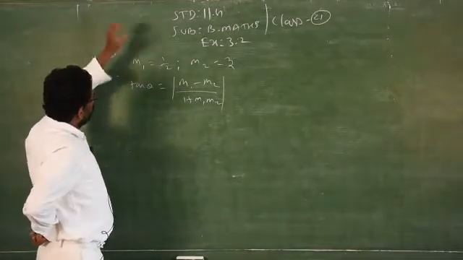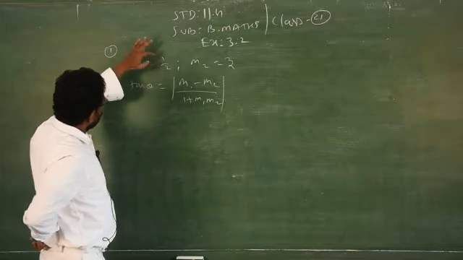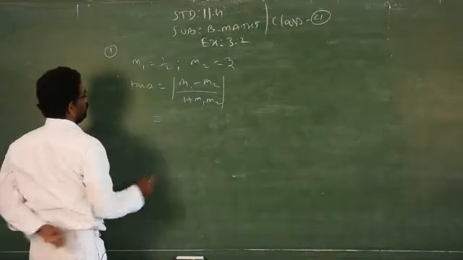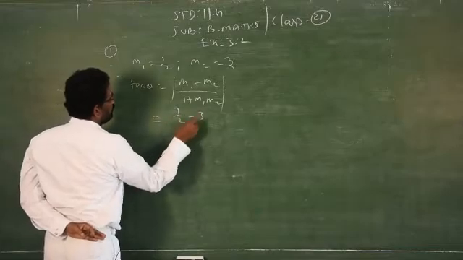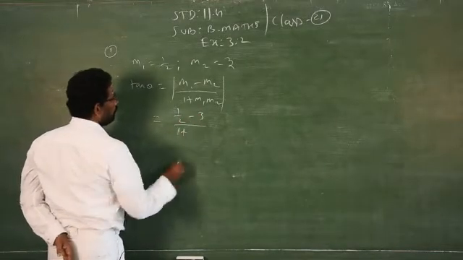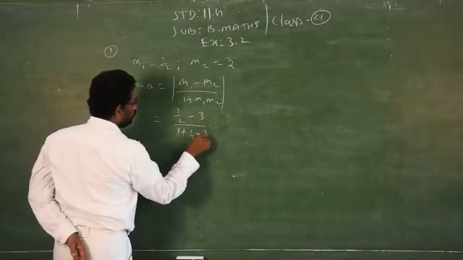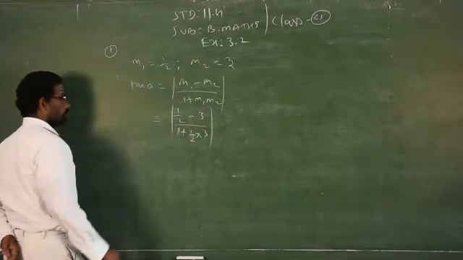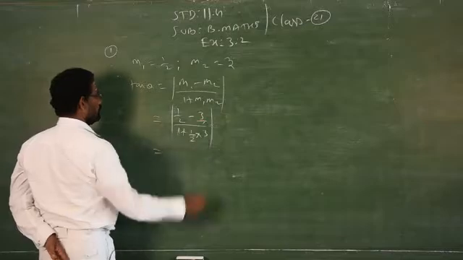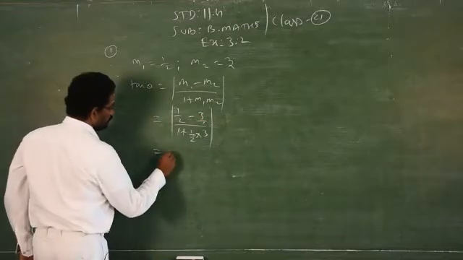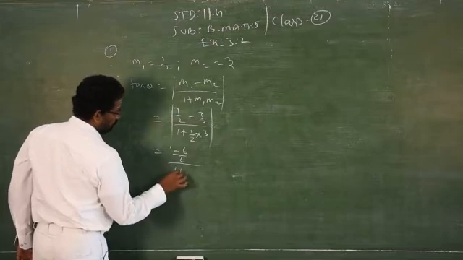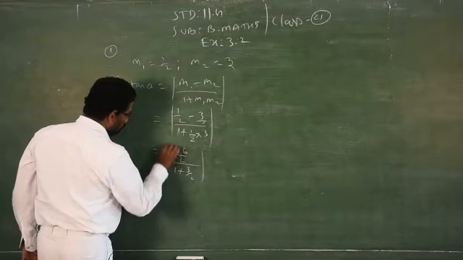The slope of the first line is 1 by 2, and the slope of the second line is 3. Just substitute in this formula: 1 by 2 minus 3 by 1 plus 1 by 2 into 3. Substitute and simplify by using the LCM or cross multiplication. You will get the numerator over 1 plus 3 by 2, modulus.